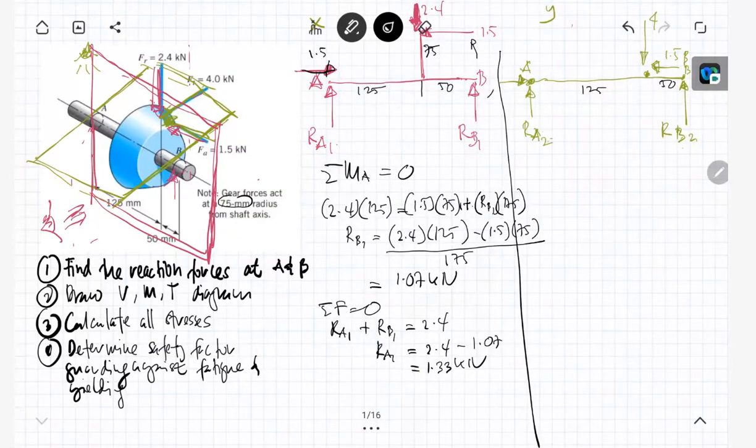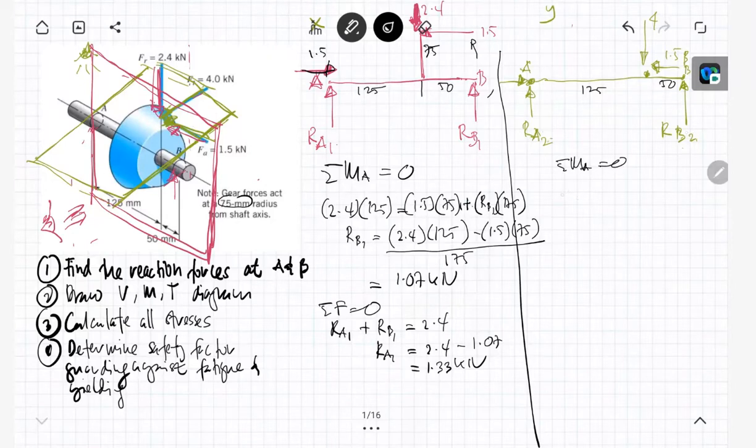For the second plane, do it the same. So sigma A equal to 0. Kemudian you akan dapat, you kira 4 kilonewton moment at A, about A, so opposite direction with RB2. Okay.